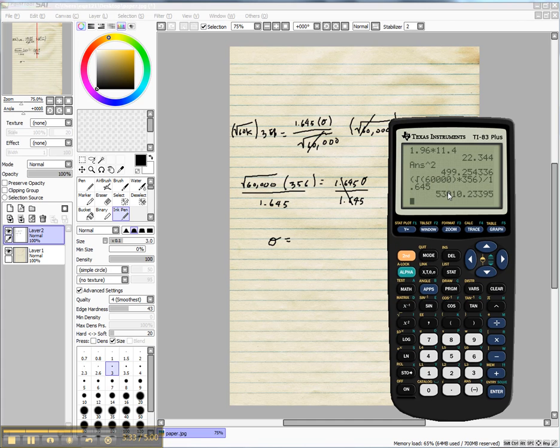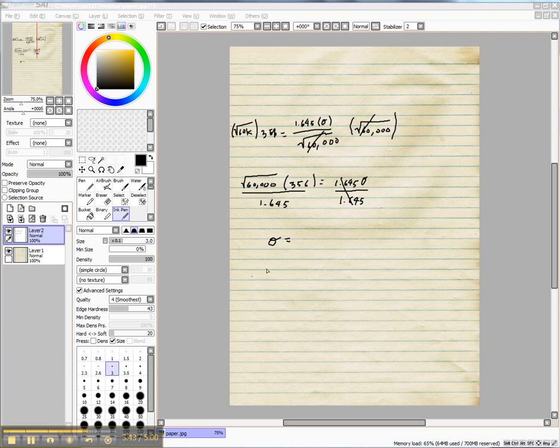So, huge. 53,010 is our standard deviation. Right, so 53,010 is our sigma part. Let me write that down for us. 53,010.23. Okay, now we're not finished.